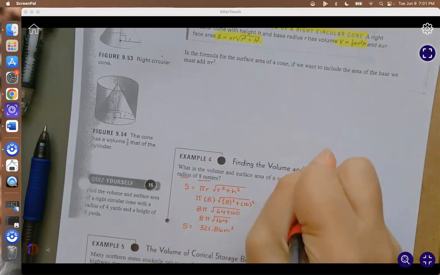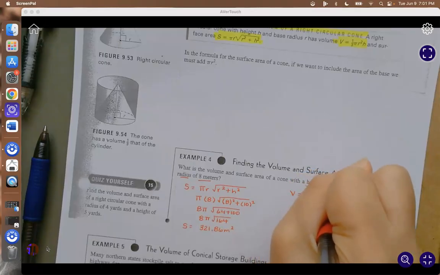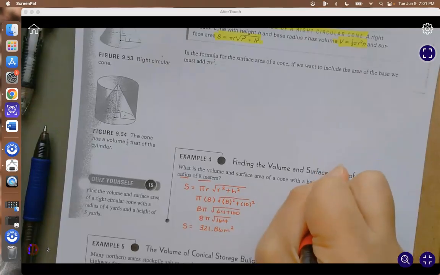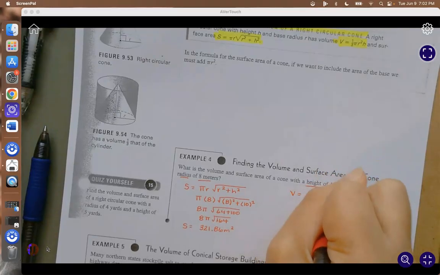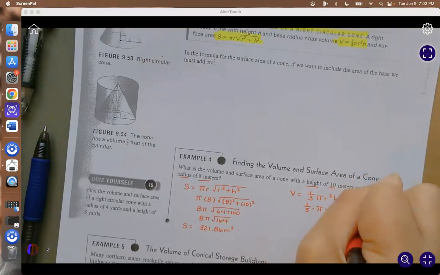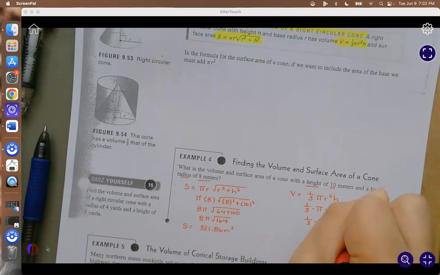Now your volume is 1/3 pi r squared h. So we have 1/3 times pi times 8 squared times 10. So we have 1/3 times pi times 64 times 10.